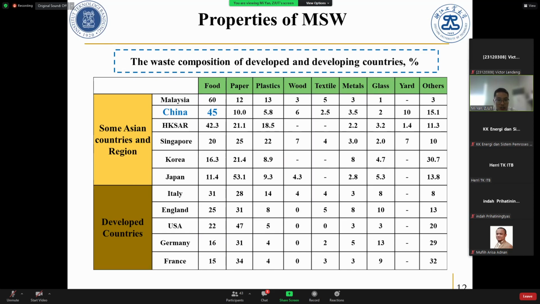So we can give some cases, some Asian countries and regions and developed countries. You see, the waste is lower for the developed countries. Singapore also is developed, right? Korea, South Korea, Japan, and Malaysia, and China is the highest.